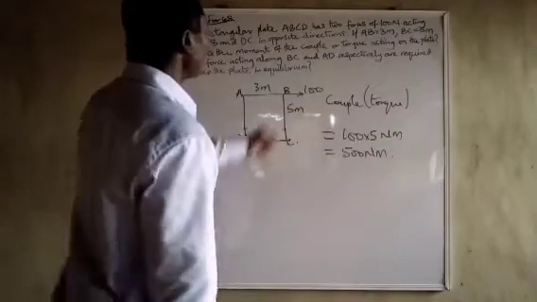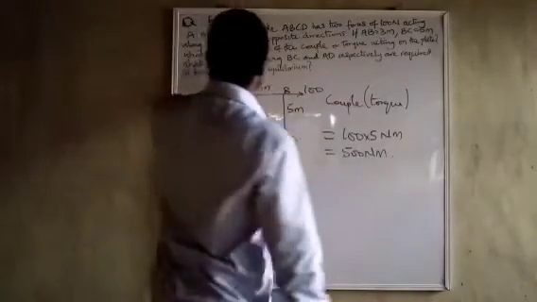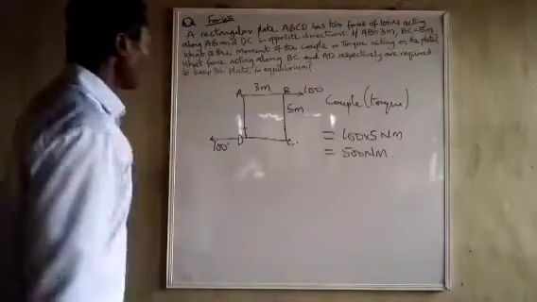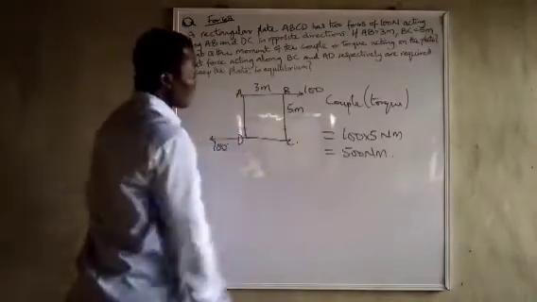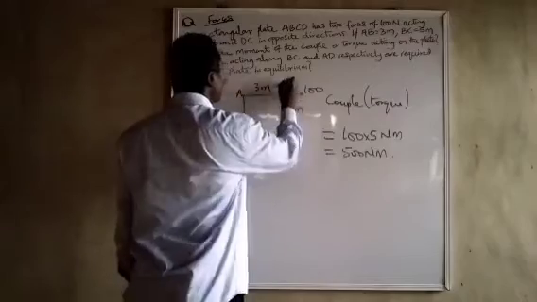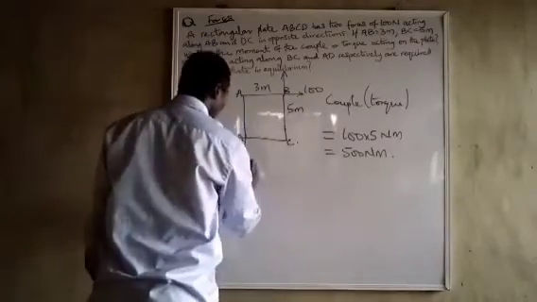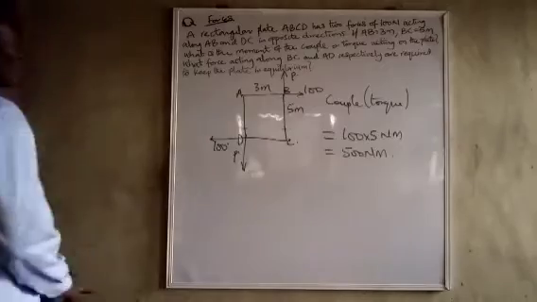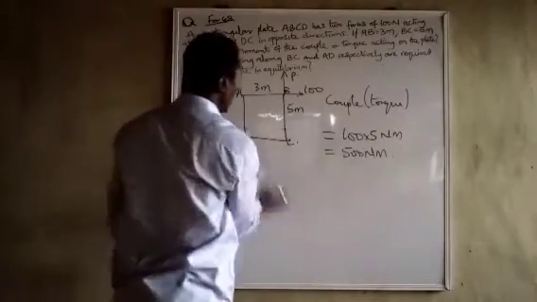We are now told to find the forces along BC and AD respectively required to keep the plate in equilibrium. You can see that this one acts clockwise. So we are going to have P act in anti-clockwise direction, and it must be equal to this one to be at equilibrium.